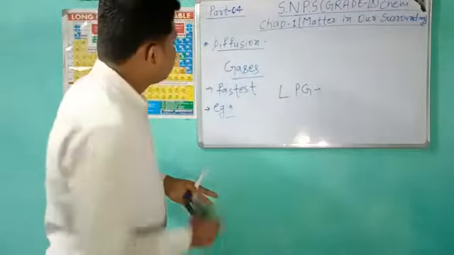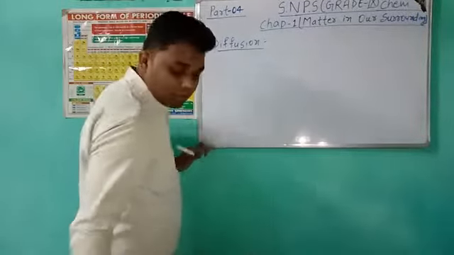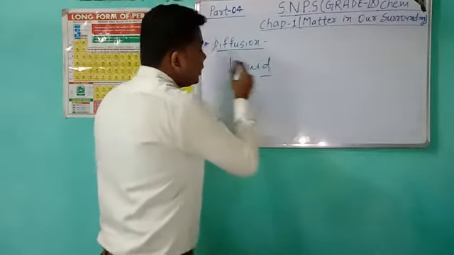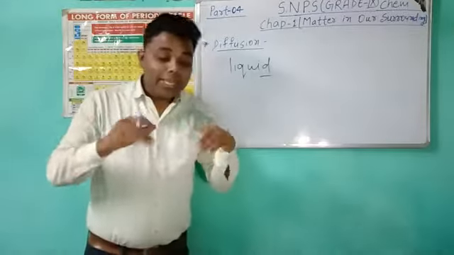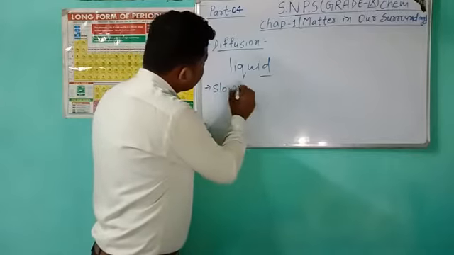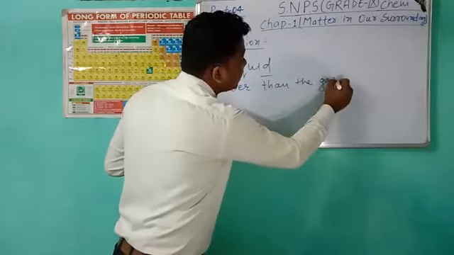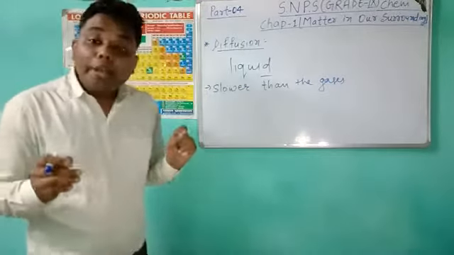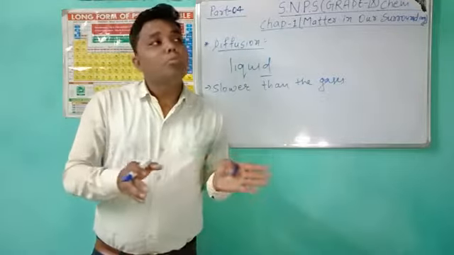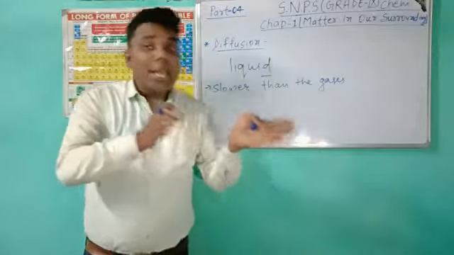So if we talk about liquids, then the diffusion process in liquids is slower than in gases. Why? Because the movement of the particles in liquids is slower if we compare gases and liquids.